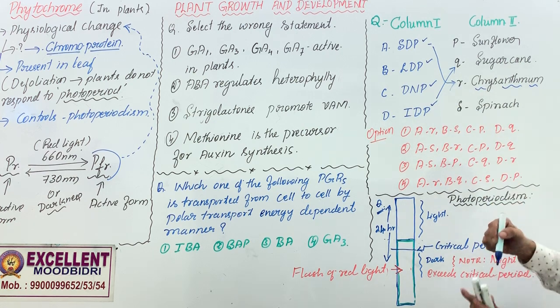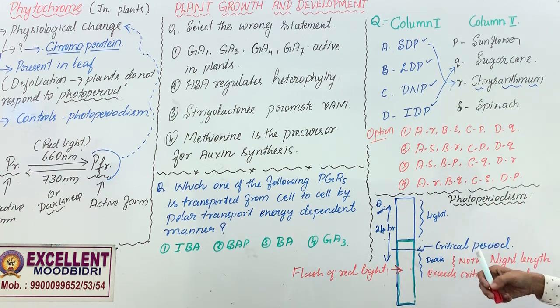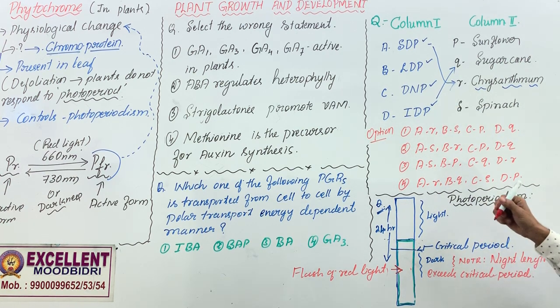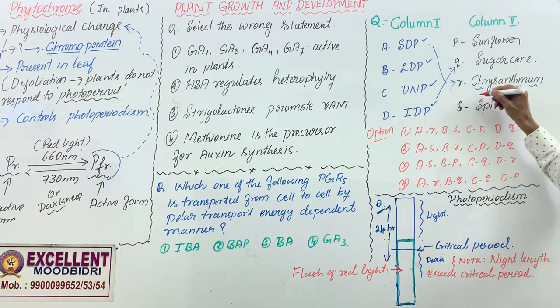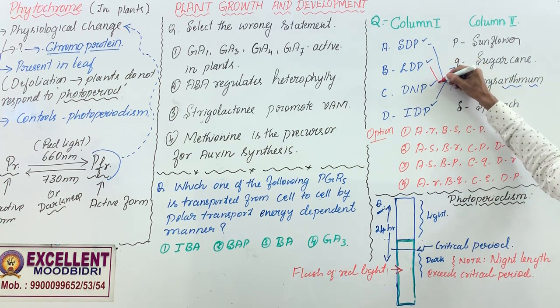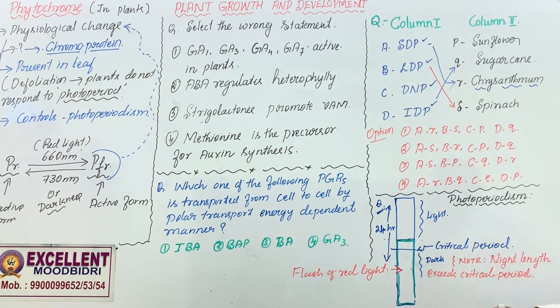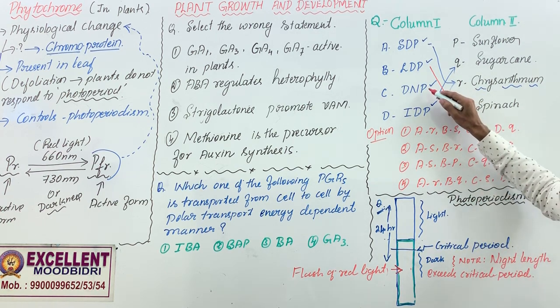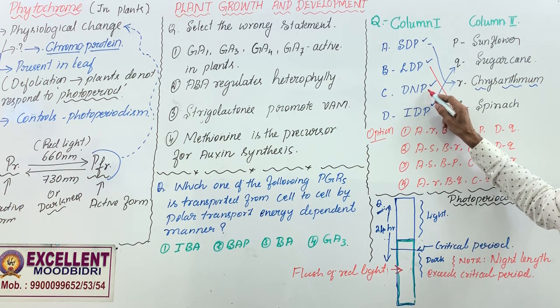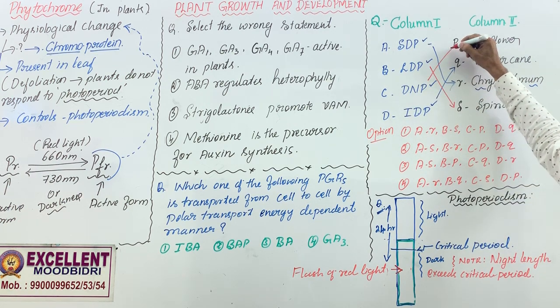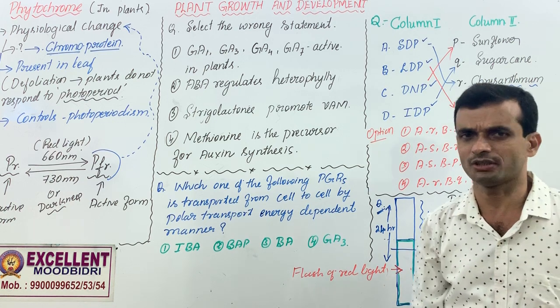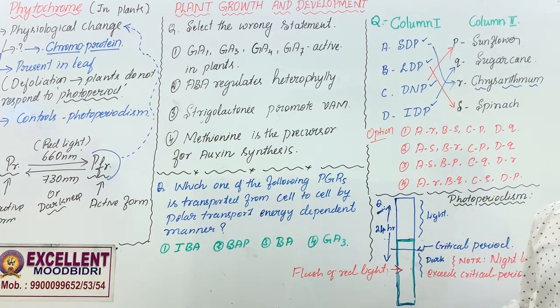Long day plant, that is bee. Spinach is one example of a long day plant. Then we need to find one more thing. Day neutral plant. Normally they do not respond to the photoperiod. They may produce flower throughout the day, throughout the year.